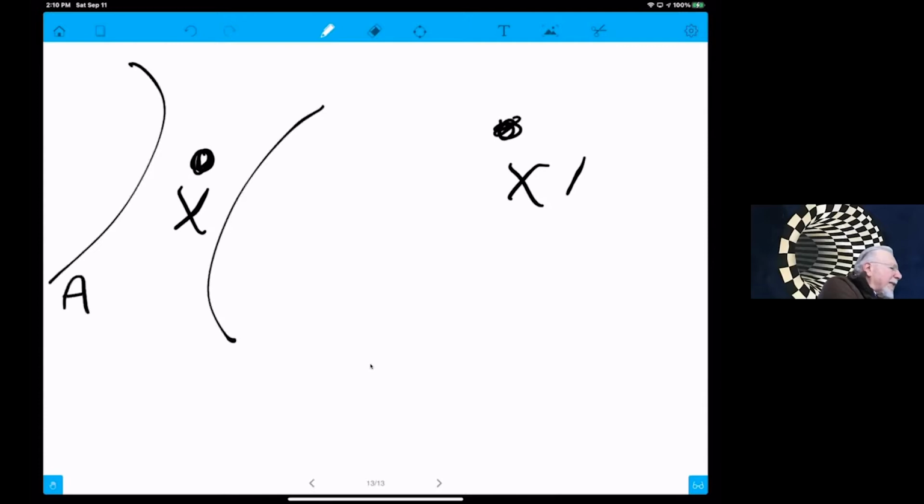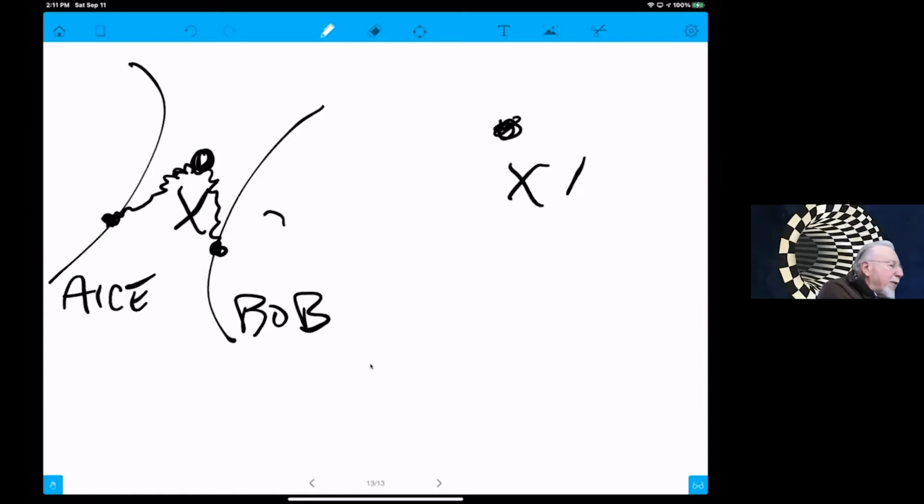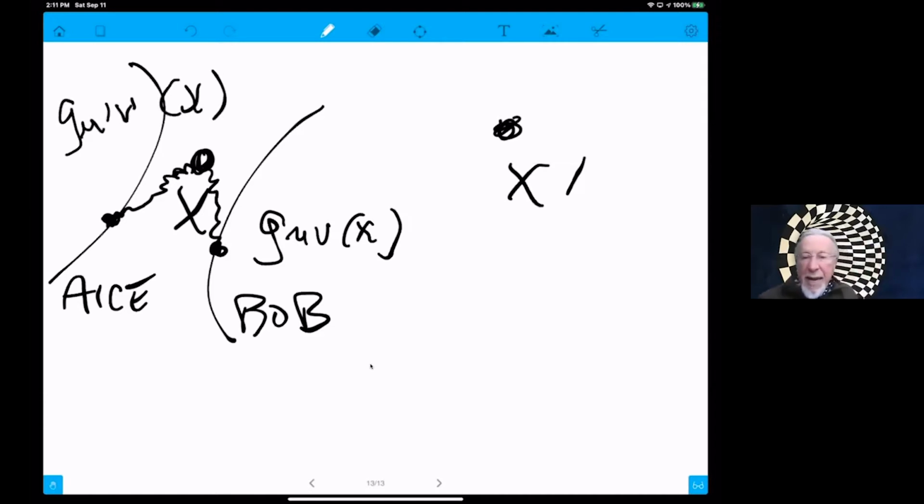I have Alice. I have Bob. Okay. And their light rays are going, this is Alice's world, this is Bob's world. So real photons are going to Alice, and they're going here, okay? And Bob computes a tensor, I'll call it G UV of X. And Alice computes G U prime V prime at the same X, okay?